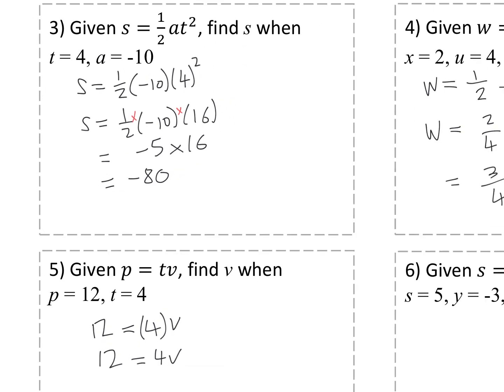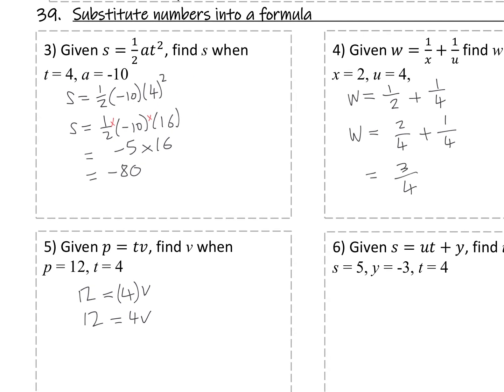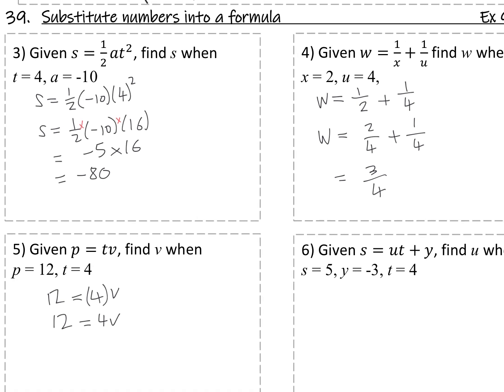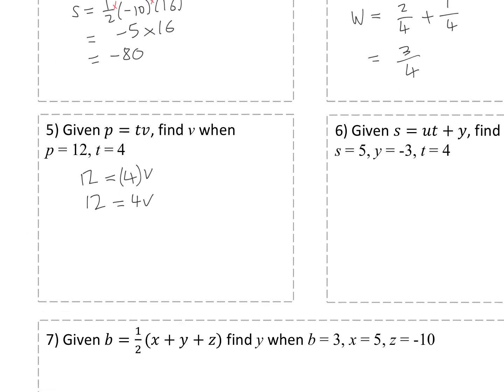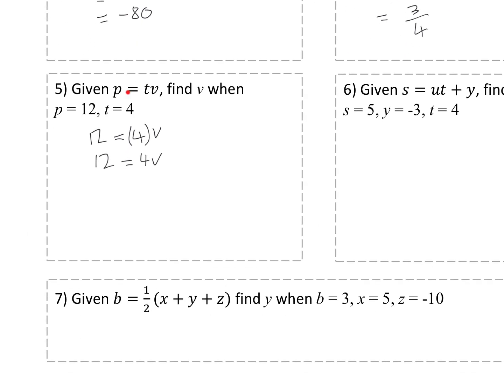Before, if we go back to these examples, we had to work out S, but S was the subject. So the number just fell out and we got what S was equal to. In this one here, we had to work out W, but W is the subject, so it just fell out. Here, P is the subject, but we're not trying to find P. We're trying to find V.